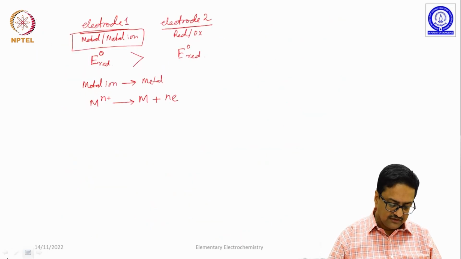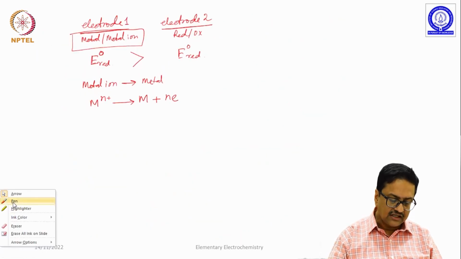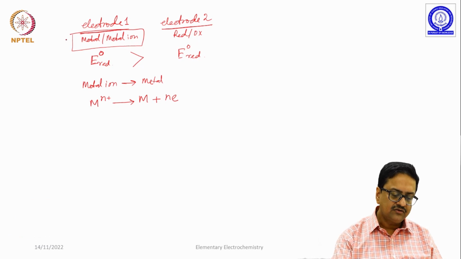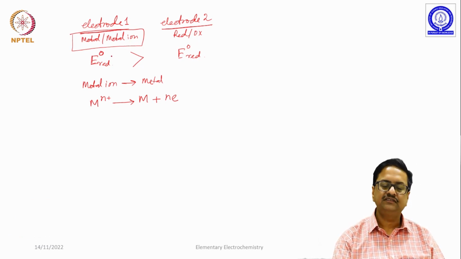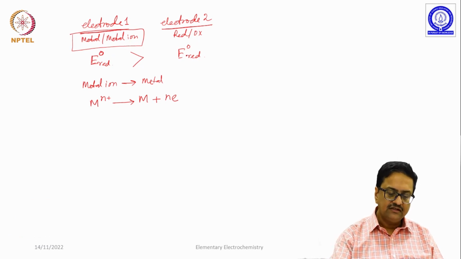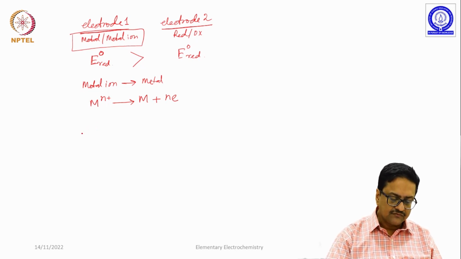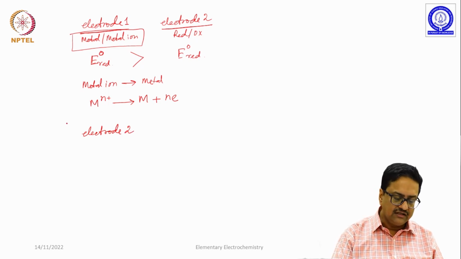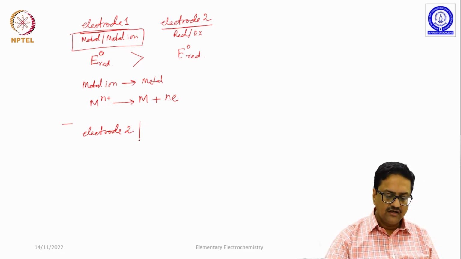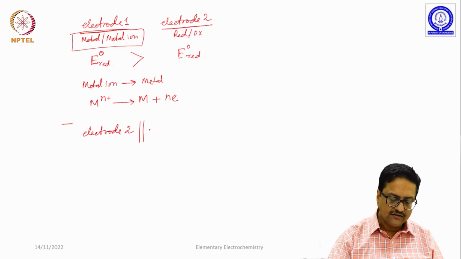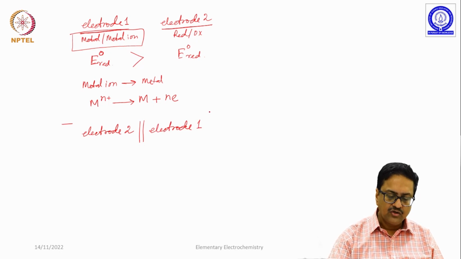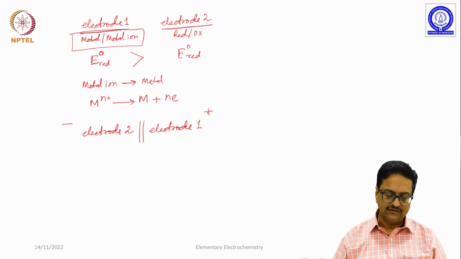So then if we encounter a situation like this where electrode 1 has higher reduction potential compared to electrode 2, then the corresponding cell that one has to form should have electrode 2 on the left hand side, which will then be the anode. It will be connected to electrode 1, which will serve as the cathode.